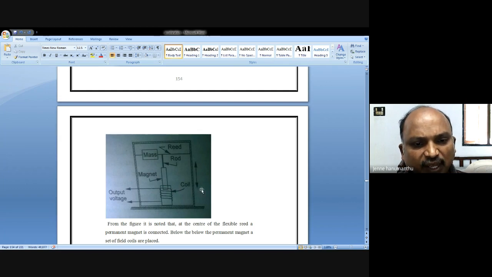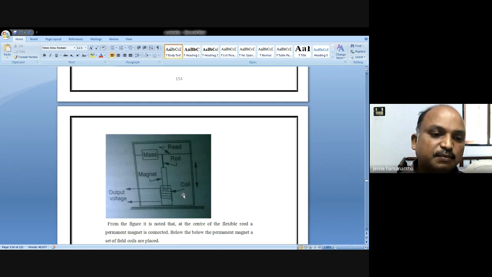When you apply any acceleration, the magnet will move. The magnet has some rod, and it will displace like this. What happens? It creates some voltage in the coil.